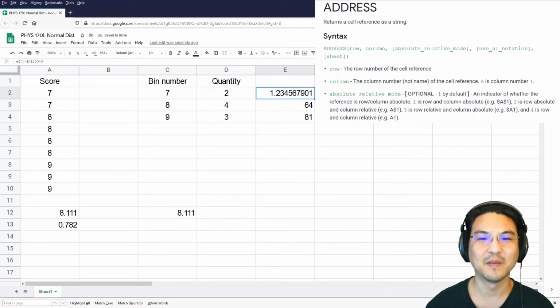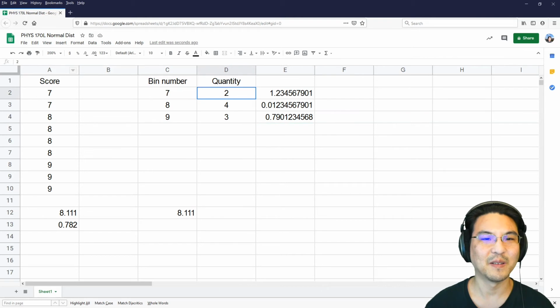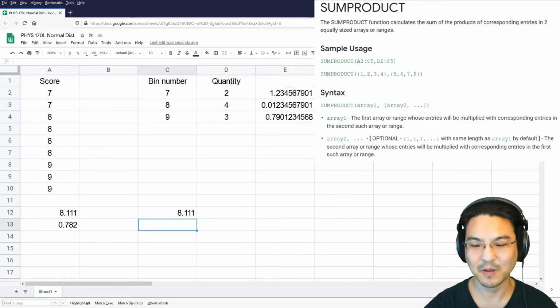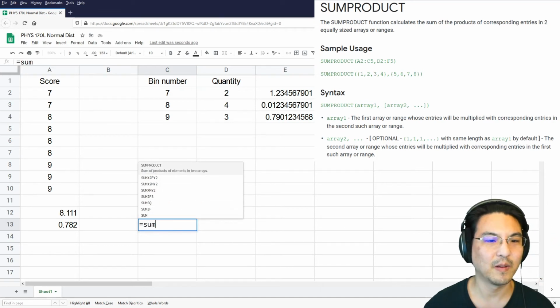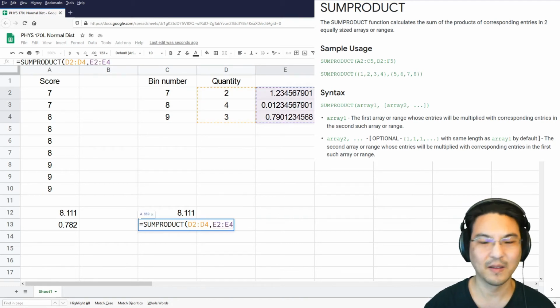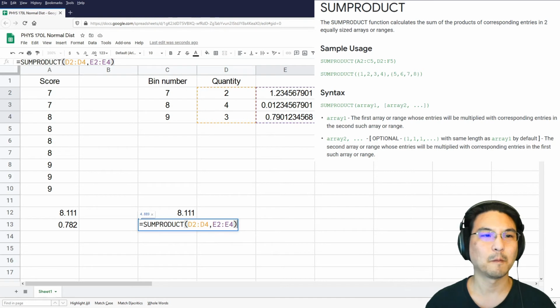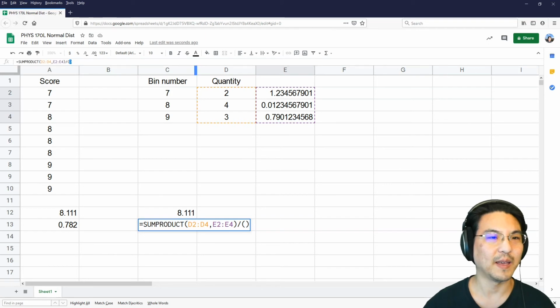Now, if I look at this, this is the correct formula. And now I want this times this plus this times this plus this times this. So that's the whole sum product function of this, comma, this. Okay, and then divided by n minus 1.